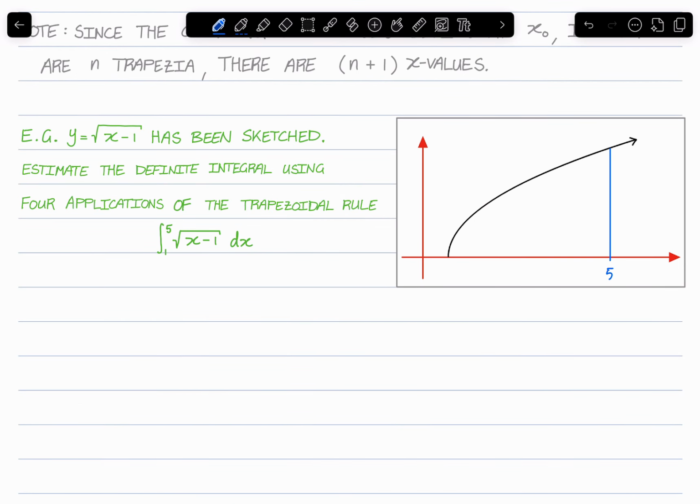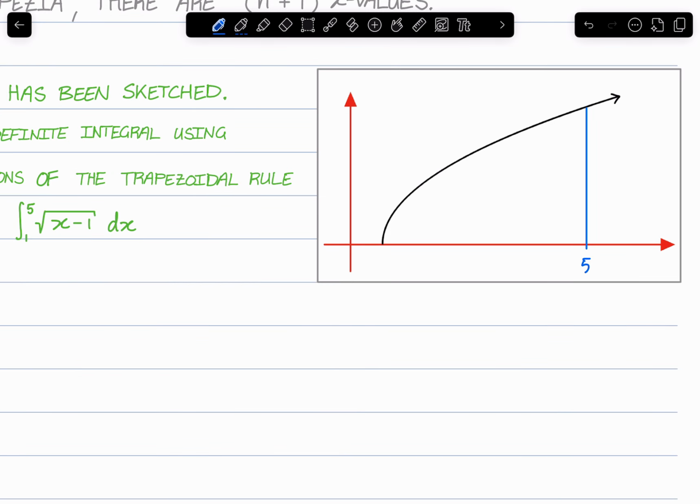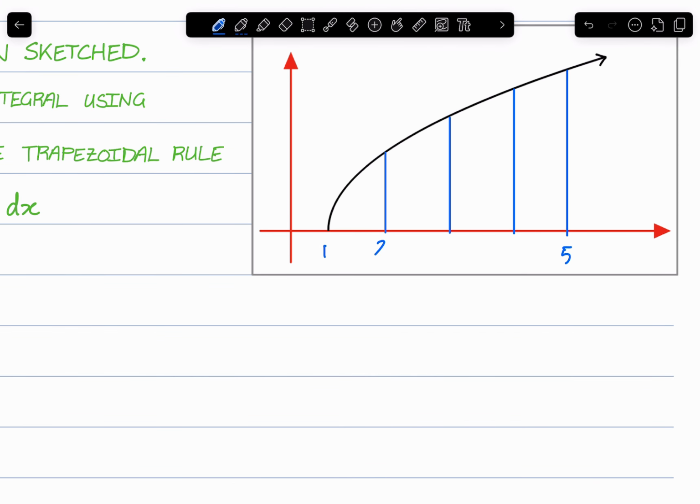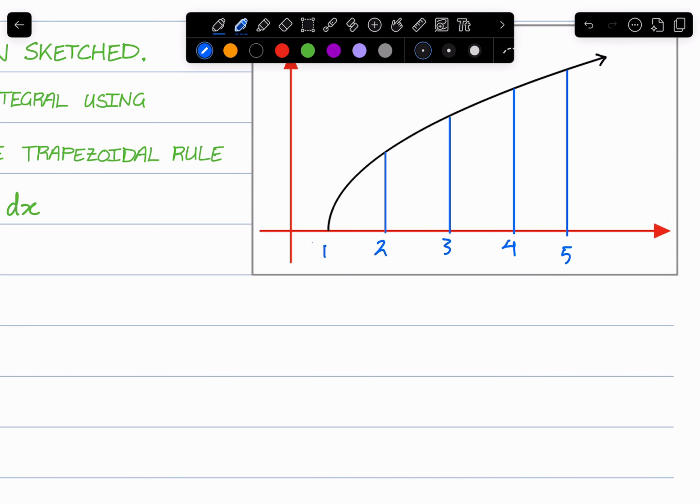If we're doing 4 applications, we literally need to draw in 4 trapezia like so. 1, 2, 3, and 4. That's going to be 1, 2, 3, 4, and 5. The trapezia now are going to look as follows.